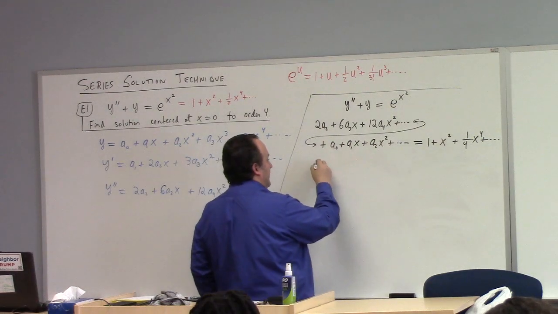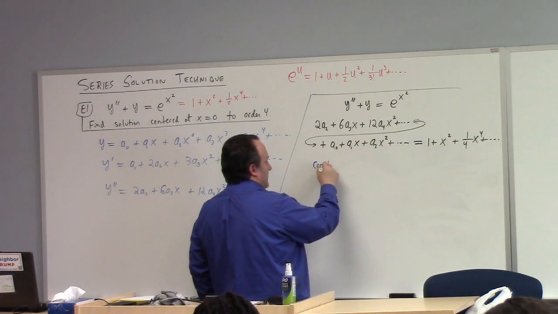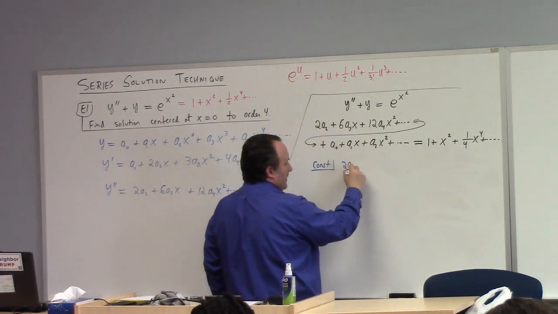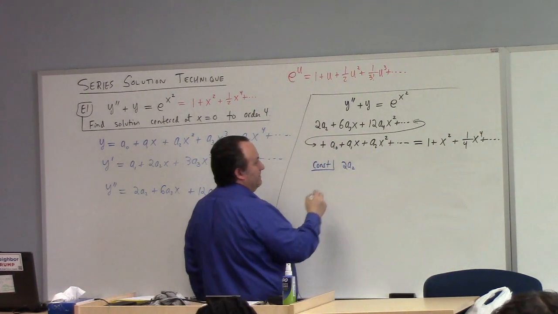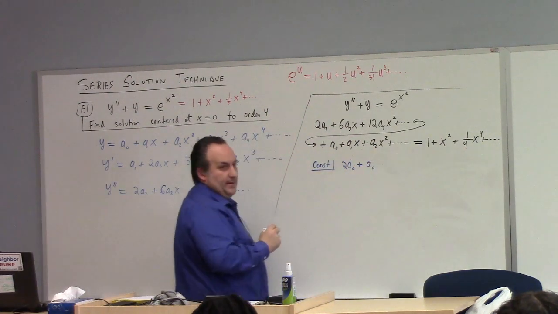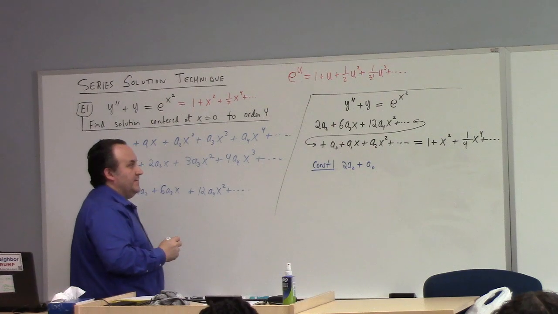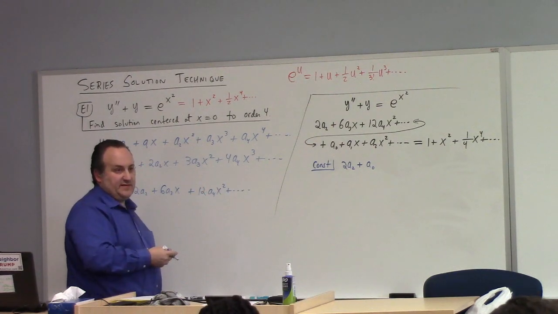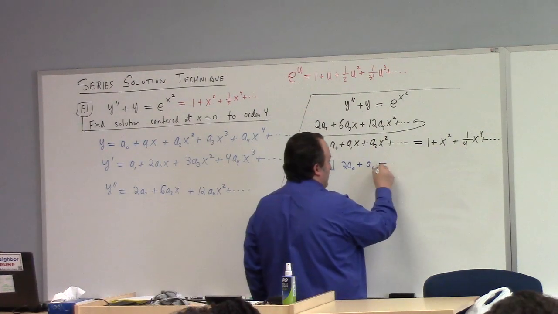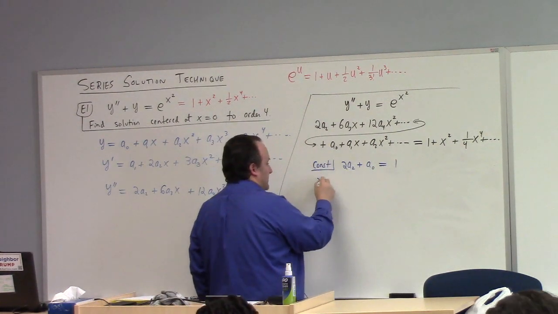How about constants? What do we got for both sides? I got a 2a2, right? Plus what? Plus a sub 0, right? That's it for the constants on the left-hand side, yeah? On the right-hand side, what's my constant? 1, great. How about x?